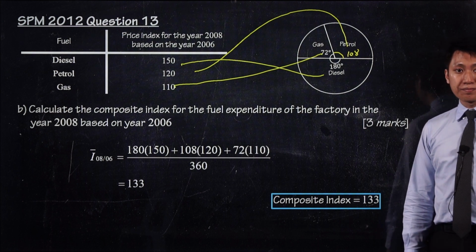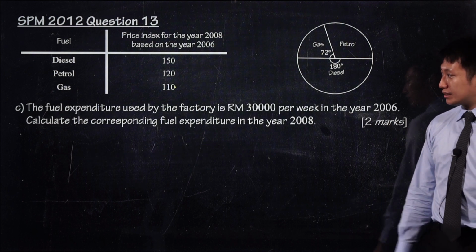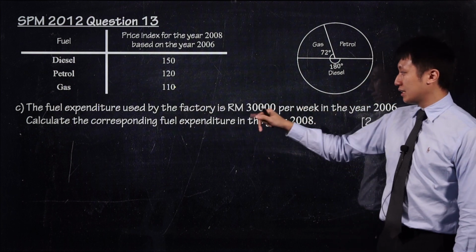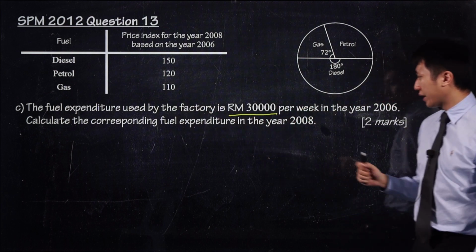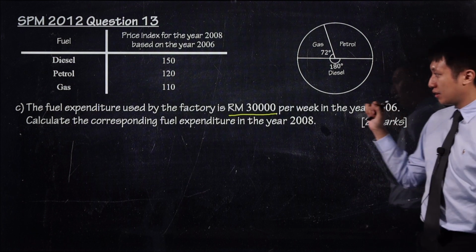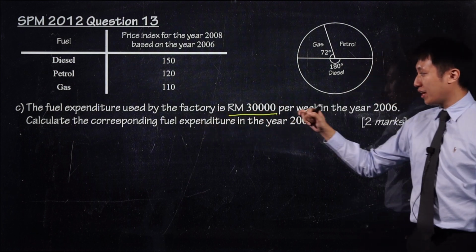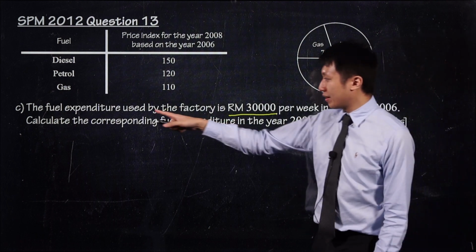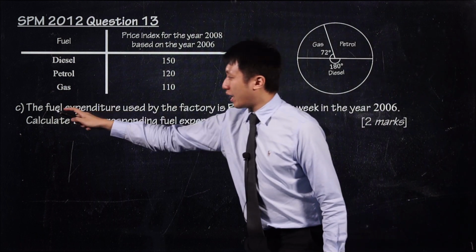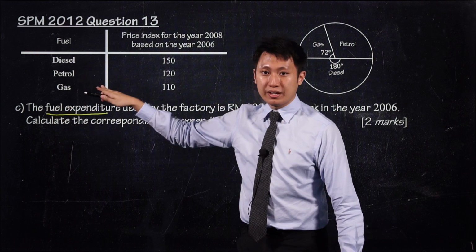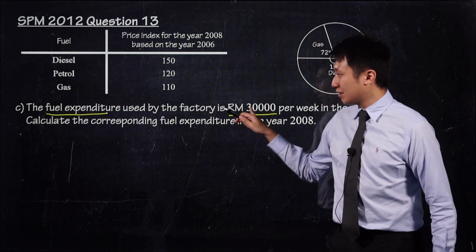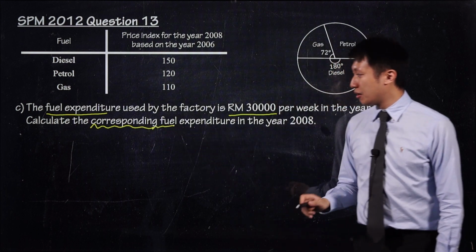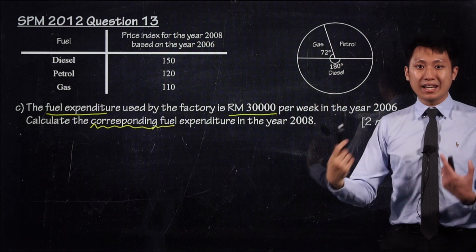Part C: fuel expenditure used by the factory is 30,000 per week in year 2006. Then calculate the corresponding fuel expenditure in 2008. Like always, when it's something like fuel expenditure and it doesn't say which one, calculate the corresponding fuel. Corresponding fuel means you are using the composite index.